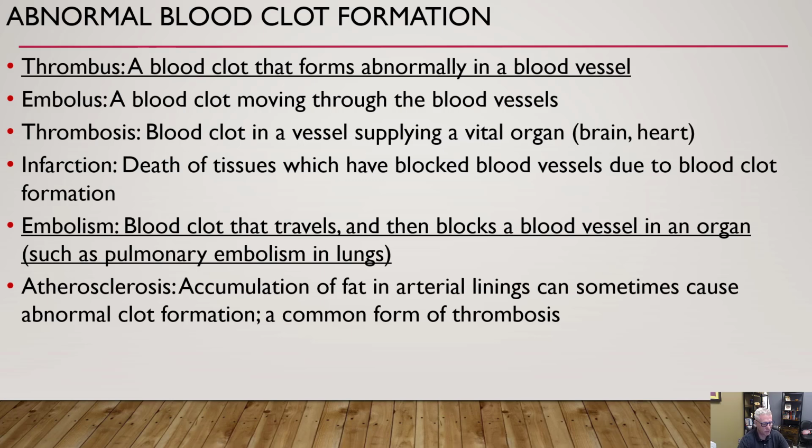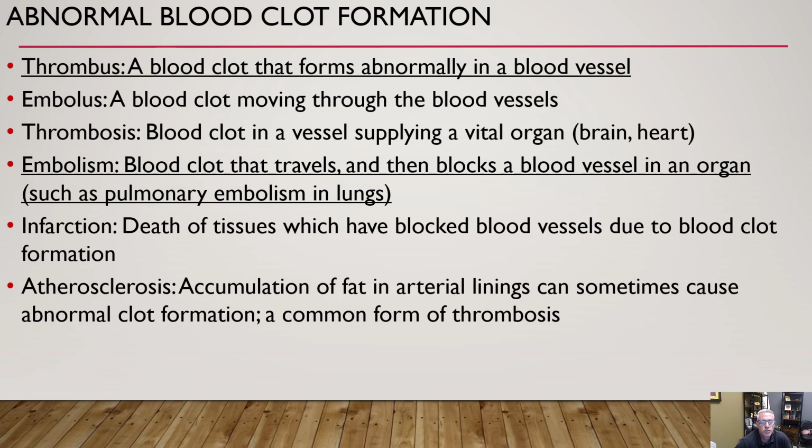So we have that thrombosis that is lying in that vital organ. And if that blood clot travels and blocks a blood vessel in an organ, it's now called an embolism. So a pulmonary embolism would be a blood clot that is blocking the blood flow to the lungs. Or a cerebral embolism would be a blood clot that is blocking blood flow to your brain.